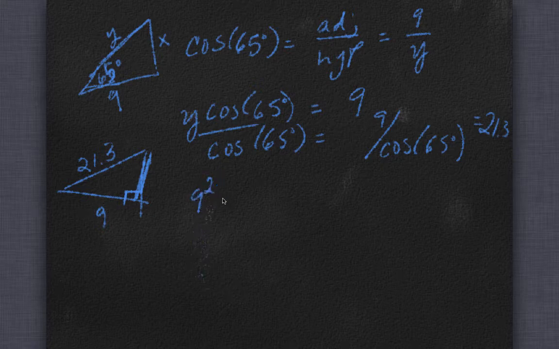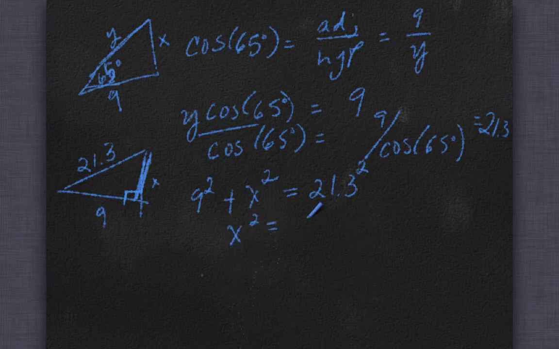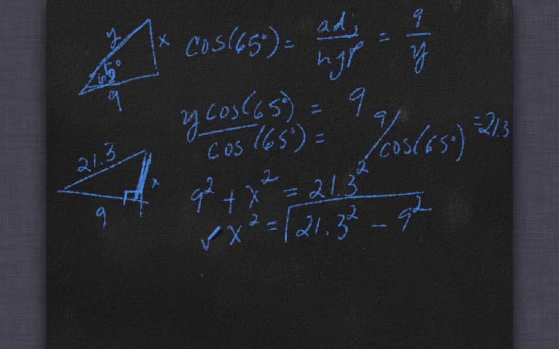So 9 squared plus x squared, remember I named that x, is 21.3 squared. So we have another step here. We need to say x squared equals 21.3 squared minus 9 squared. And then we'll take the root of this.